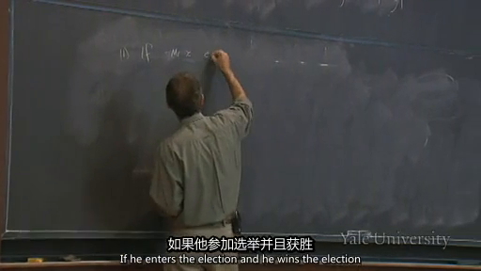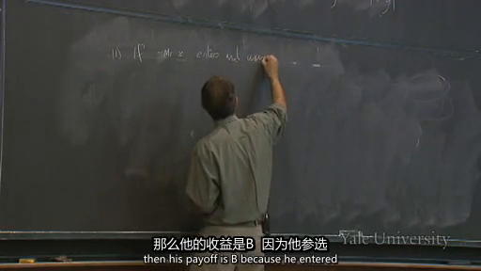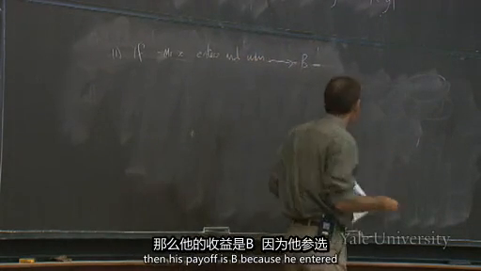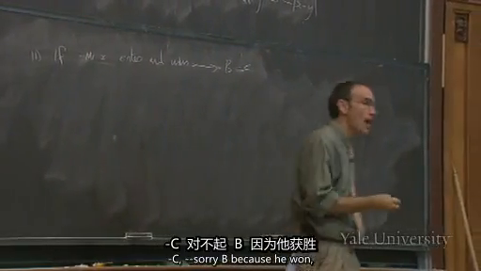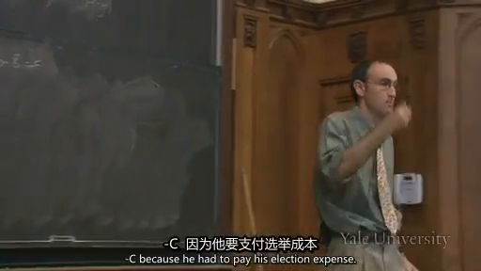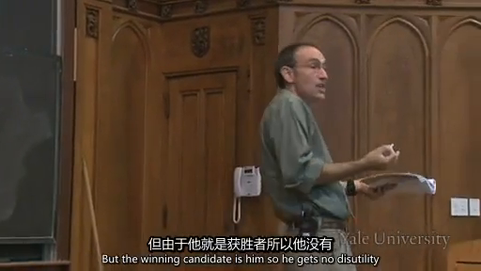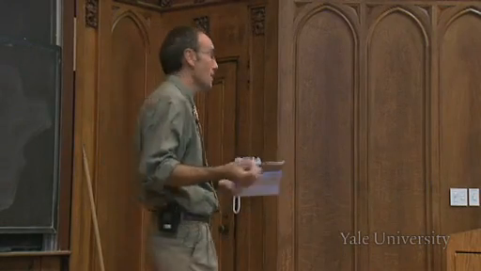If he enters the election and he wins, then his payoff is B because he won, minus C because he had to pay his election expense. But the winning candidate is him, so he gets no disutility from the winner being someone else.